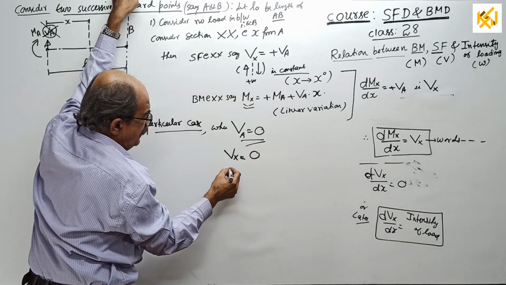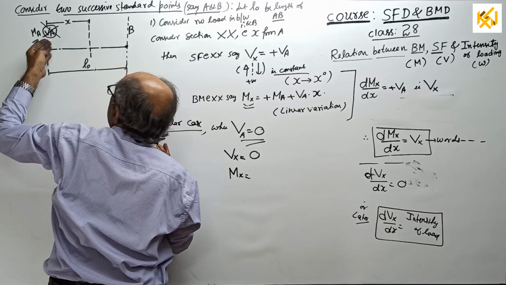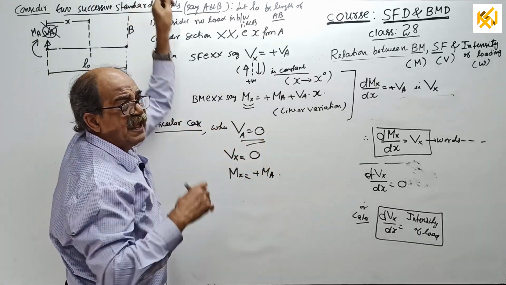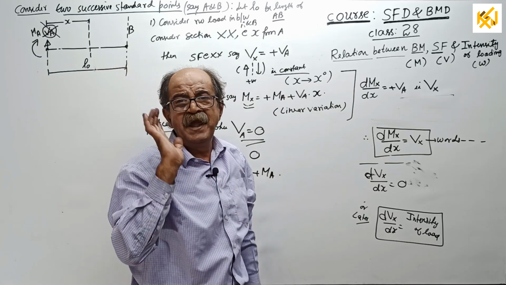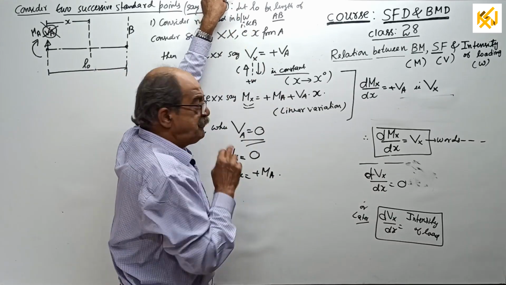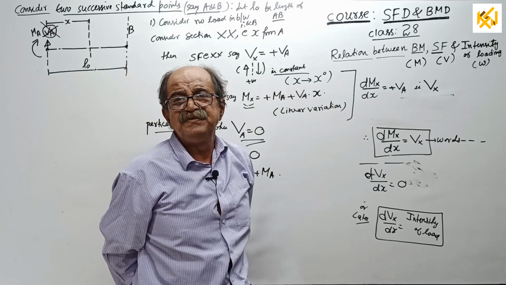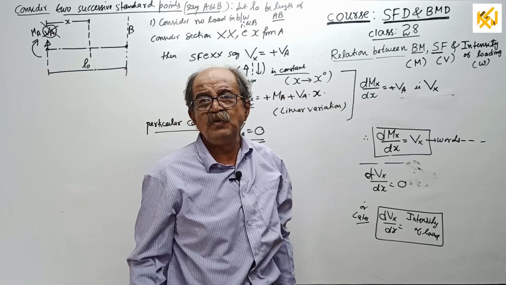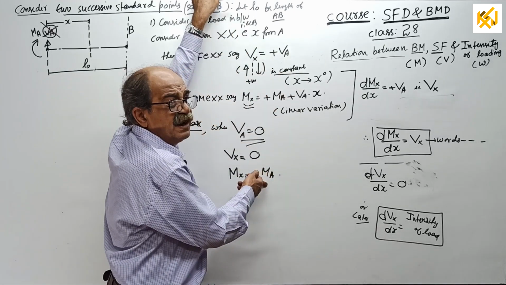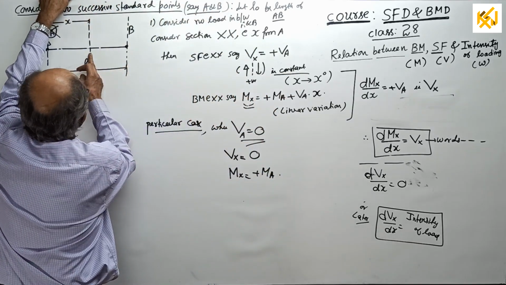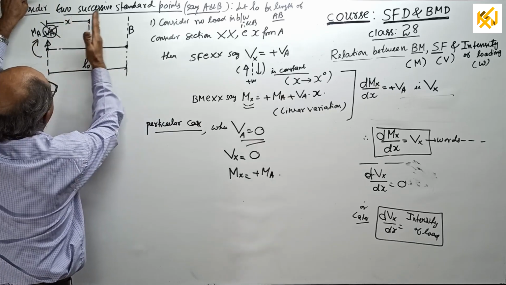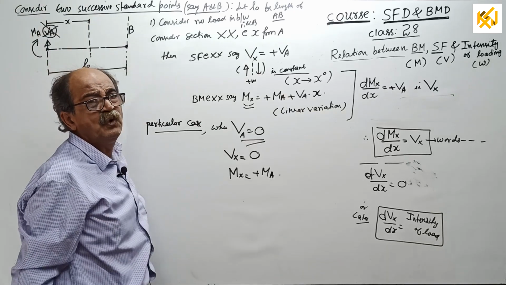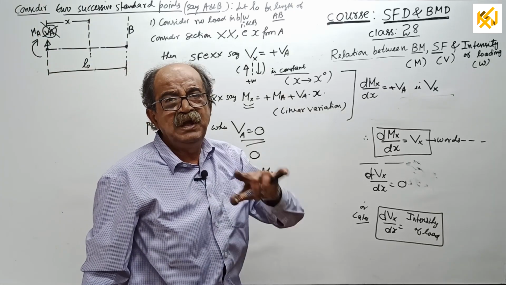And Mx will be equal to plus Ma, that's all. Or you can tell, between 2 points, if shear force is 0, then bending moment is constant. Why constant? Because there is no x here. Whatever is the value of x you write here, the bending moment here is Ma, here Ma, here Ma. Everywhere shear force 0.